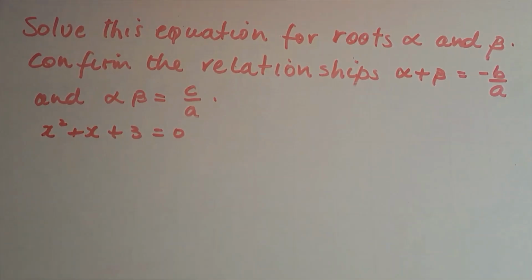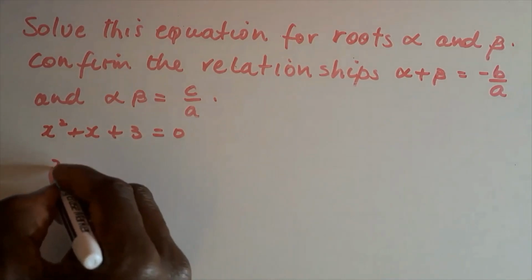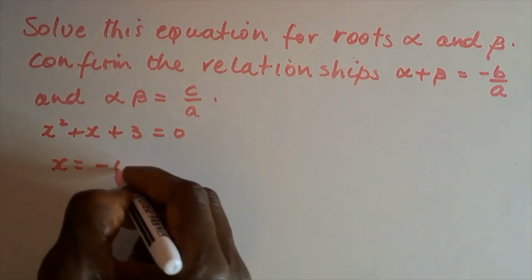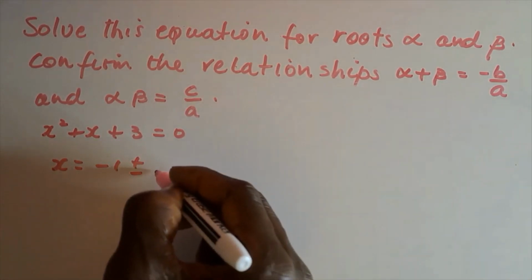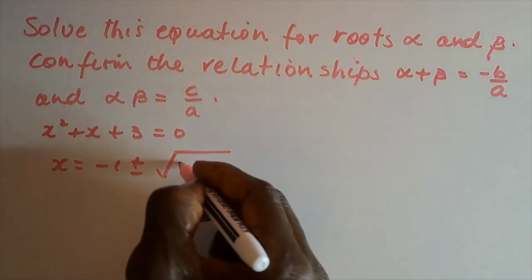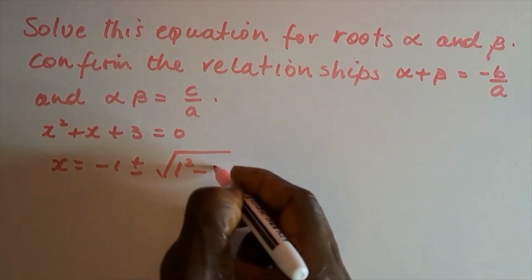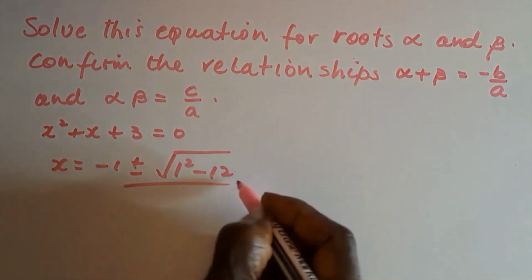Hi there. So here we'll solve this. We have x is equal to minus 1 plus or minus square root b squared minus 4ac over 2a.